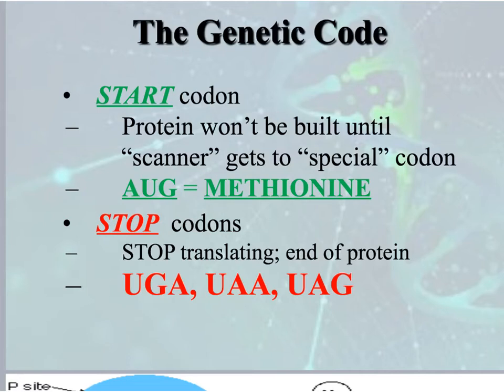And then I'm going to scan and read off, like a ticker tape, every 3 bases and assemble my protein on the ribosome until I hit a stop. So every single strand of messenger RNA has a start and has a stop.